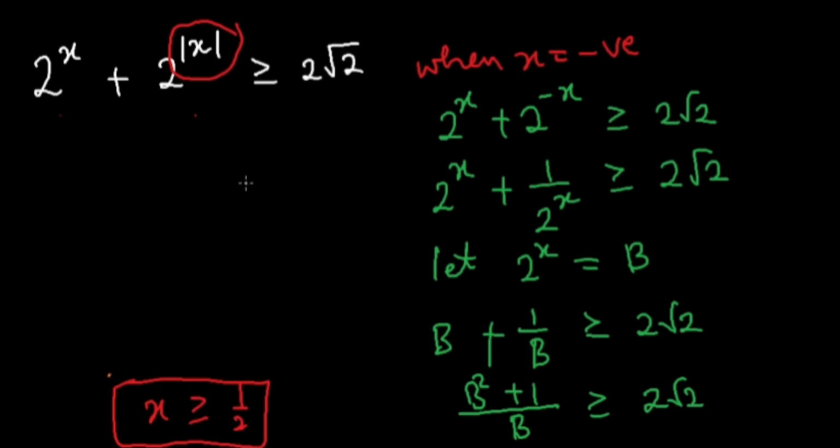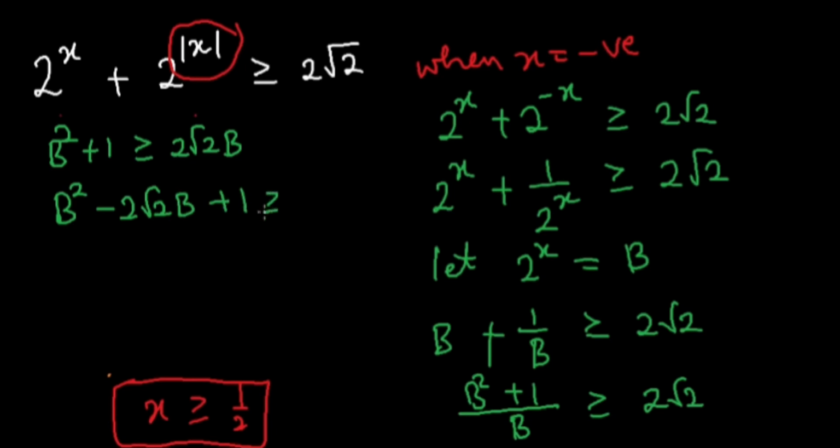Then if I cross multiply, I'm going to be having b squared plus 1 greater or equals to 2 root 2 b. Bringing everything back together, I have b squared minus 2 root 2 b plus 1 greater or equals to 0.